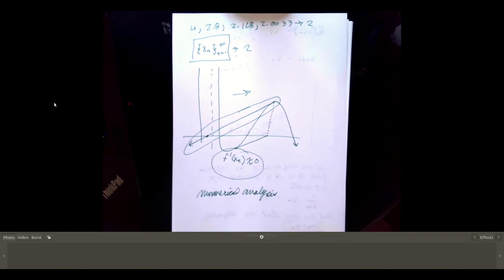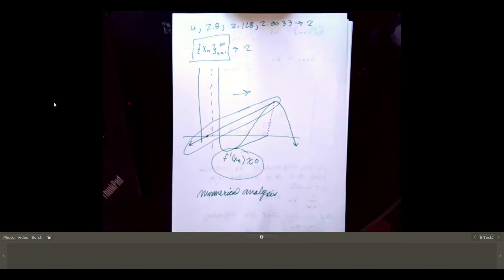In numerical analysis, they talk about different numerical methods for solving roots of equations, especially when you get into differential equations, partial differential equations. Some equations you can't come up with nice solutions for, so you have to use these numerical methods to solve them. Let's start with an example.